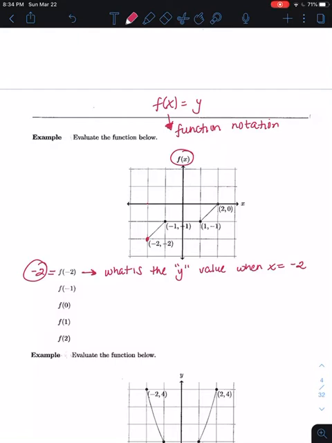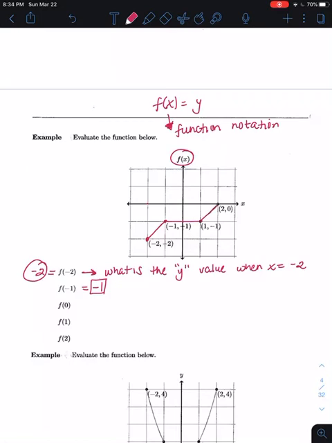So that's what you're asking yourself each time: what's the y value? You're looking for a y value, and they tell you the x value in parentheses. When x equals -1, the y value is -1. So in my math lab, you would just type in -1. F of 0, when x equals 0: this graph doesn't show up that well, but it is connected.